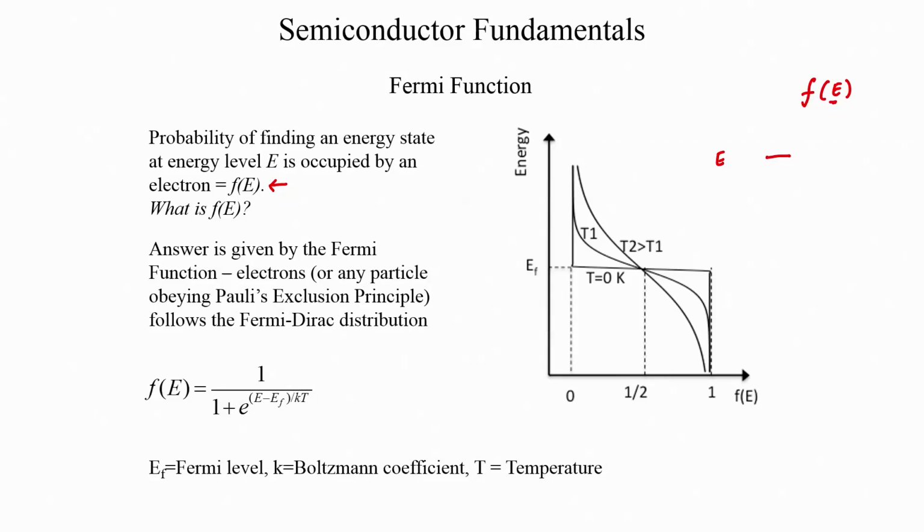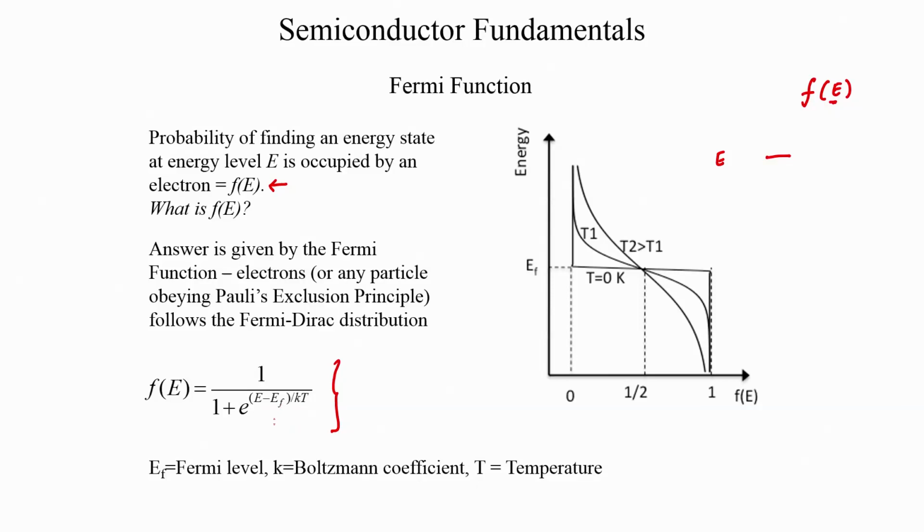Since electrons are fermions, which means that these are particles that obey Pauli's exclusion principle, you find that f of E is defined by something called a Fermi-Dirac distribution. It turns out that f of E is defined by this function here, which is 1 by 1 plus e to the power (E minus Ef) by kT.